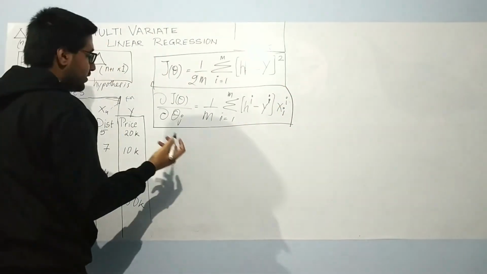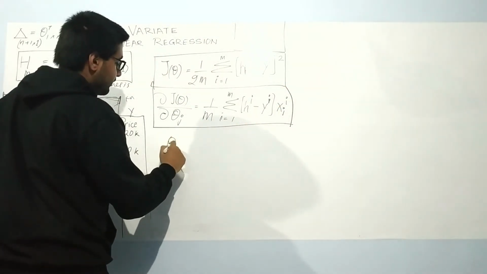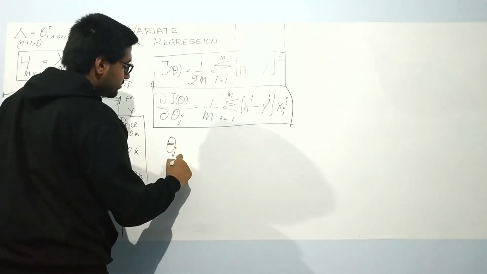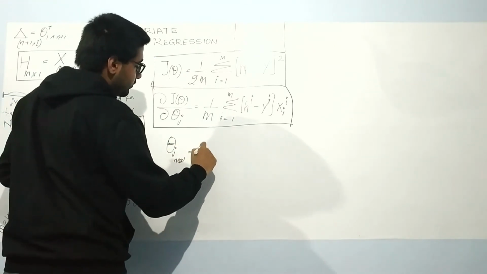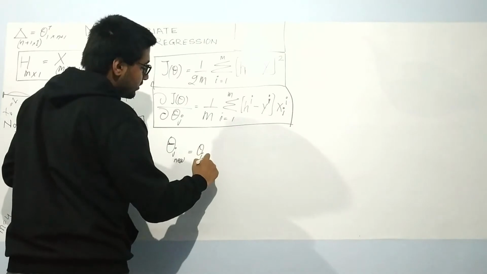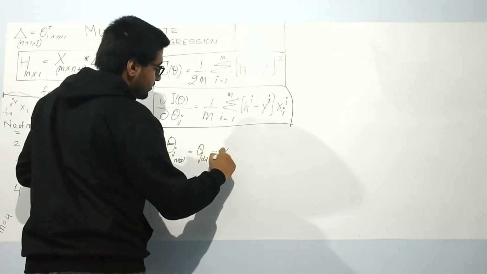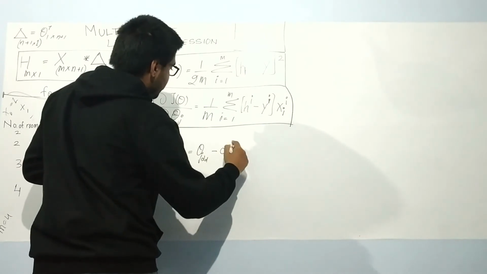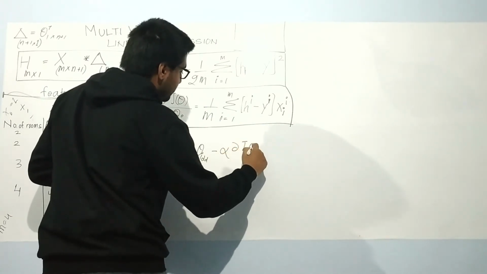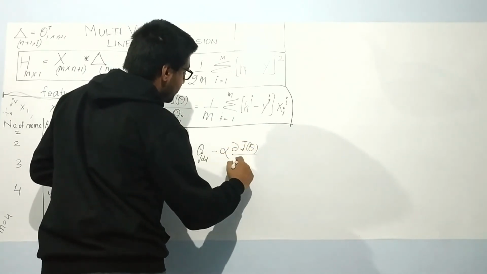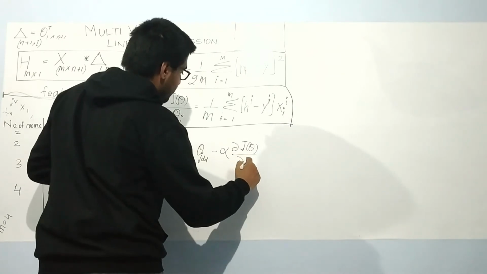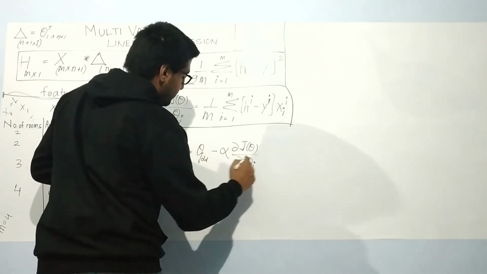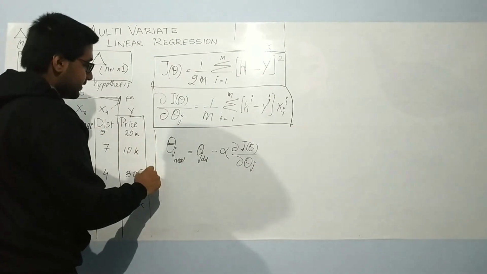And for updating, we will have theta j new equals theta j old minus our learning factor alpha times the derivative of j theta with respect to theta j.